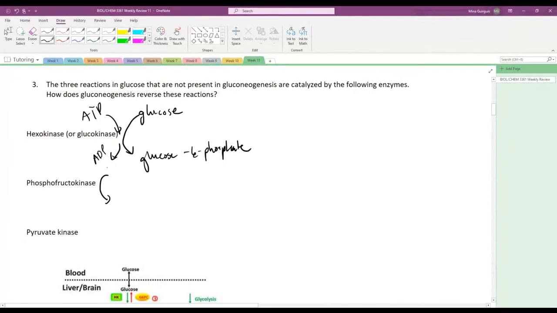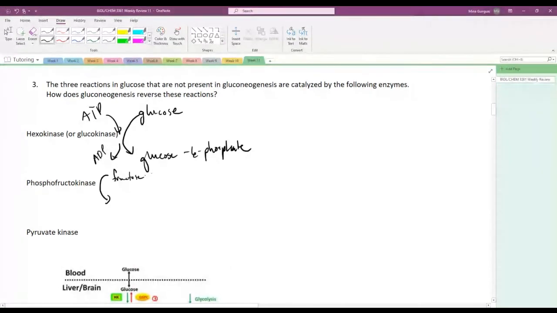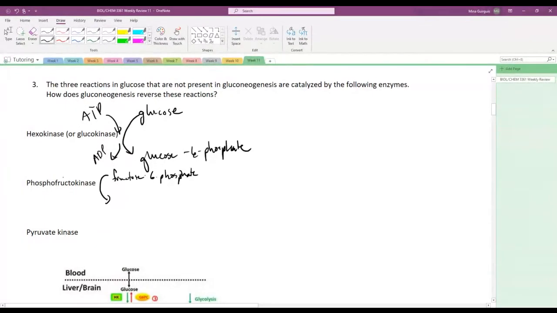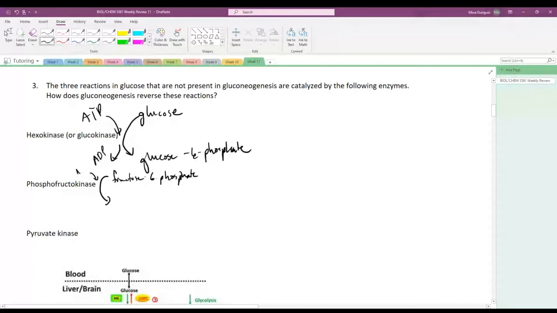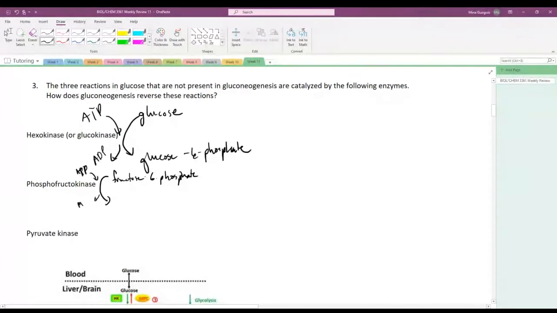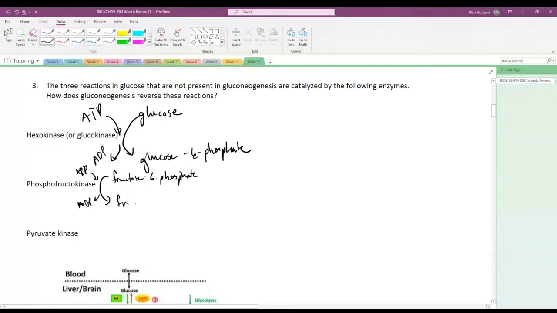Phosphofructokinase is using fructose 6-phosphate, and adding an ATP once again, to catalyze the reaction to ADP and fructose 1,6-bisphosphate.